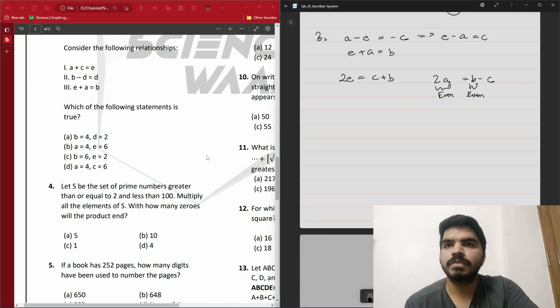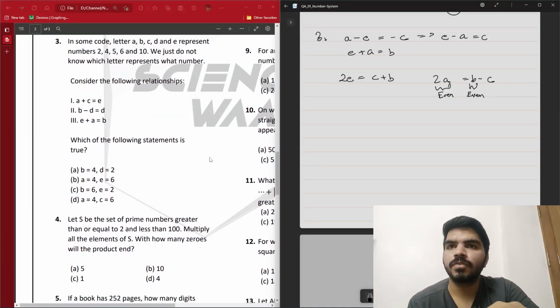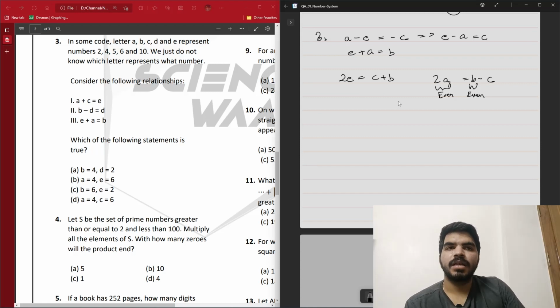Now what are we given? The numbers are 2, 4, 6, 10. See, if we subtract any number, we can even say that even minus even will always be even. So C must be even as well.